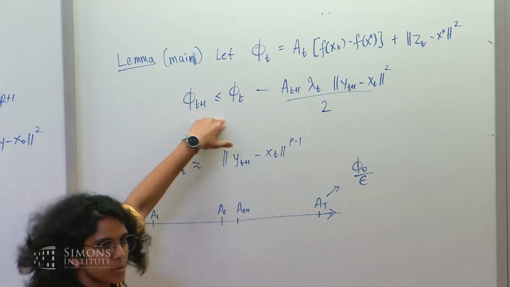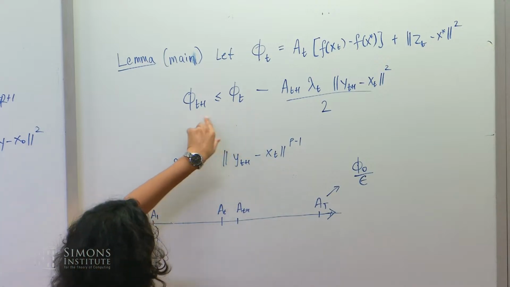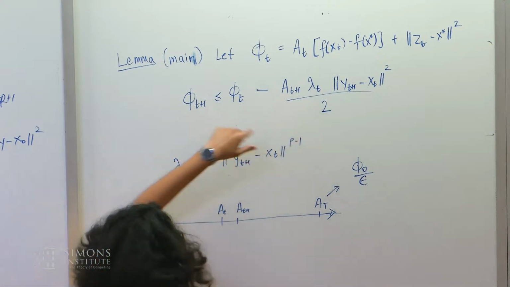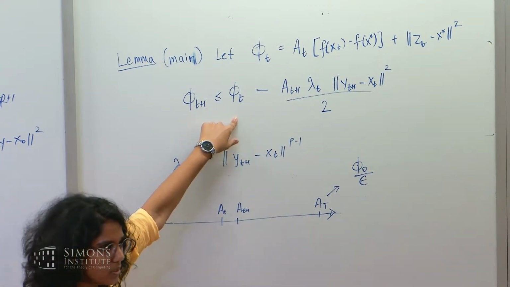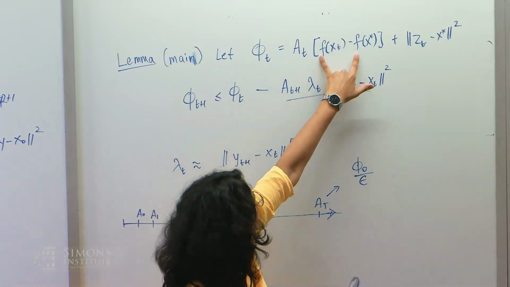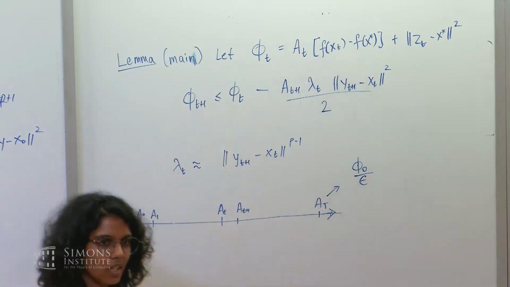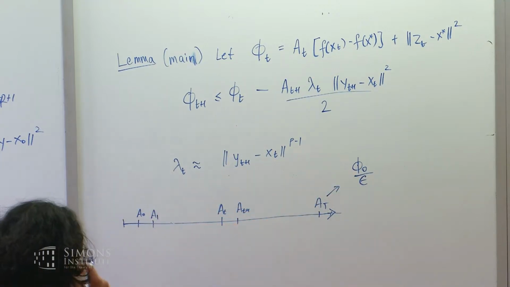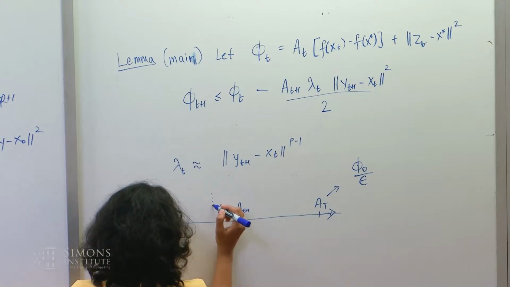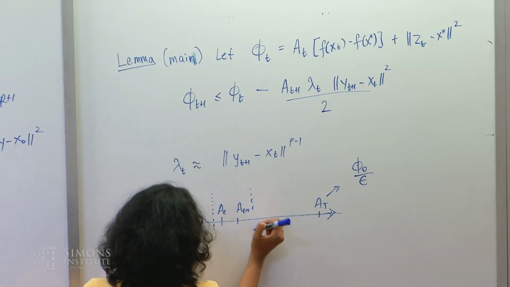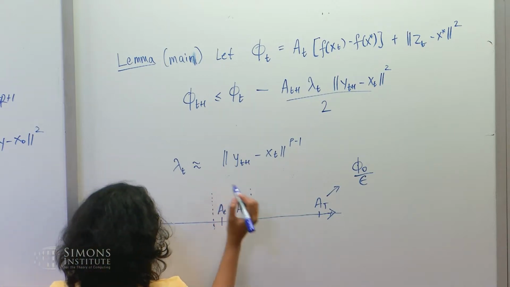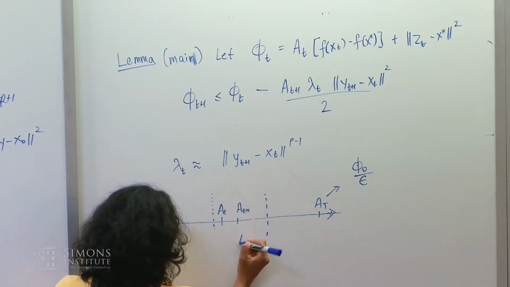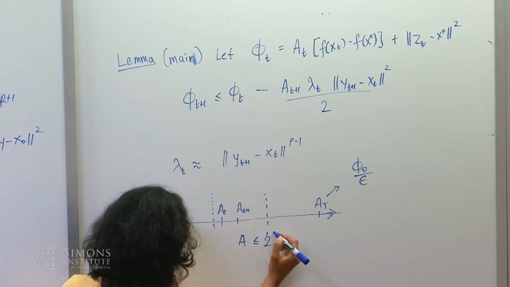This is because you can do an induction here, and phi t in the end is at most phi 0, and you get this A_t from here. So you just want to look at A_t up to this point and divide this into phases. These iterations are such that these a's are less than some 2 to the i.